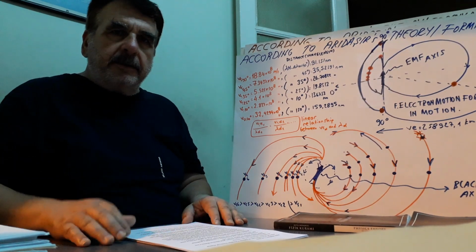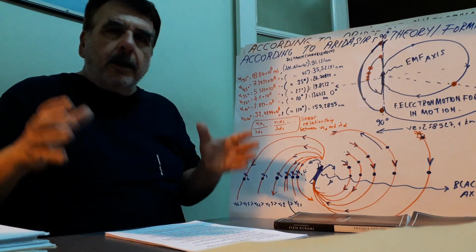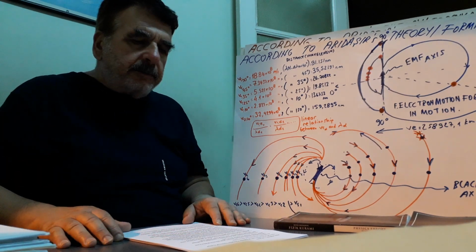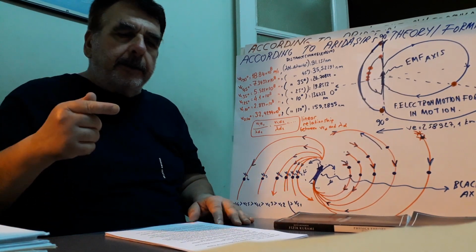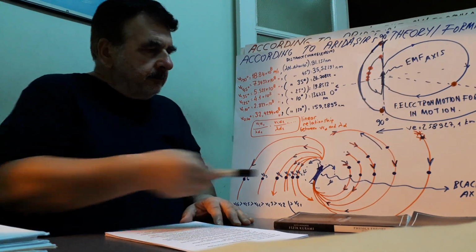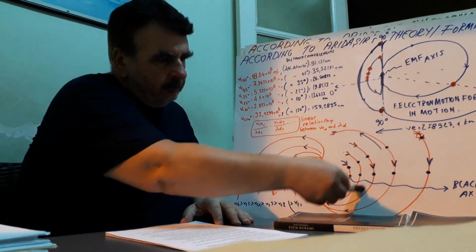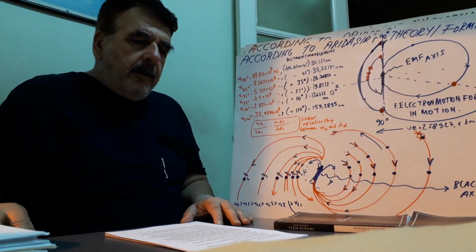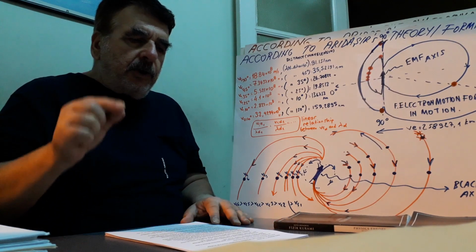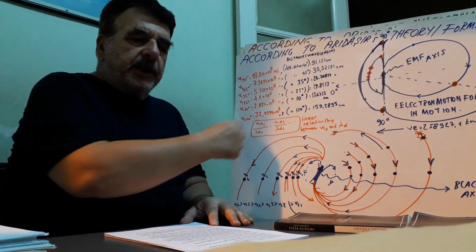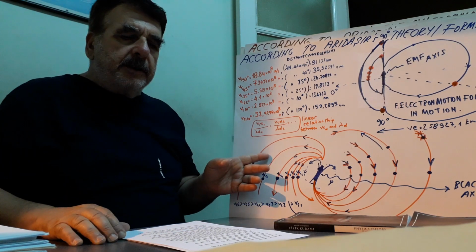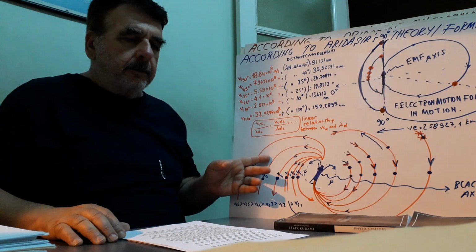Arıdaşır's main explanation: all solar systems and all stars align in a certain order around a giant electron motion form, in other words, around a black hole.